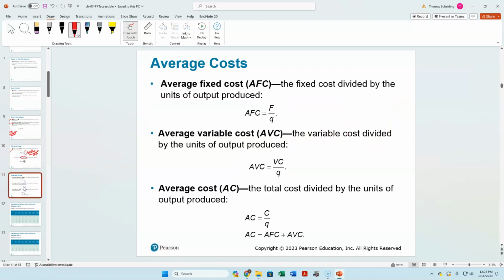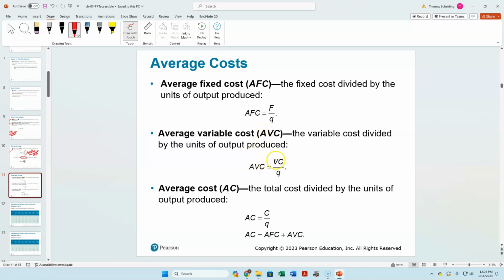Other relevant variables here would be my average fixed cost, my average variable cost, and my average cost. These are all pretty straightforward, at least mathematically. My average fixed cost is my total fixed cost divided by my quantity. Some of this you should remember from Econ 130, hopefully.